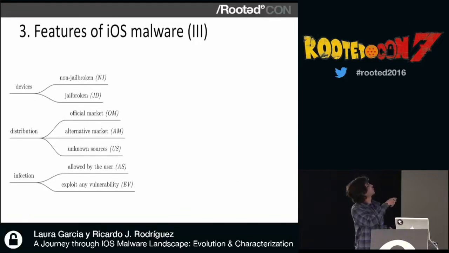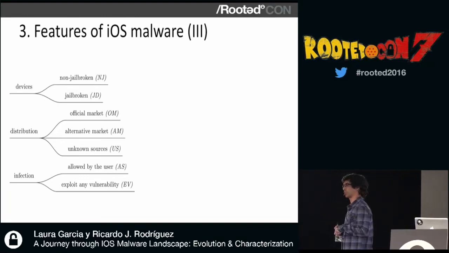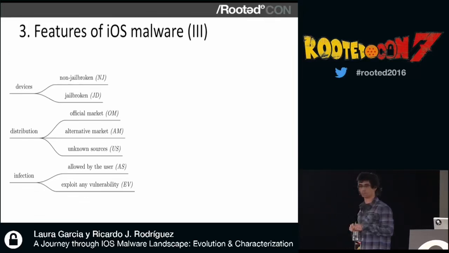So we can underline these devices focused on non-jailbroken or jailbroken devices. Regarding distribution markets: official markets, alternative markets, which is Cydia, or unknown sources, which are any website you can find on the internet. Infection mechanisms that can be used in these forms and samples: we need interaction from the side of the user that presses, okay, yes, we can.